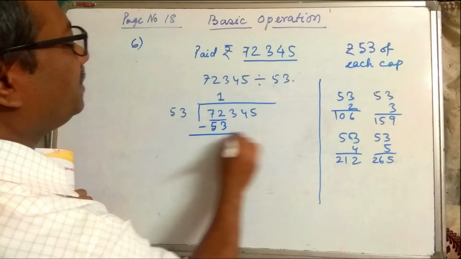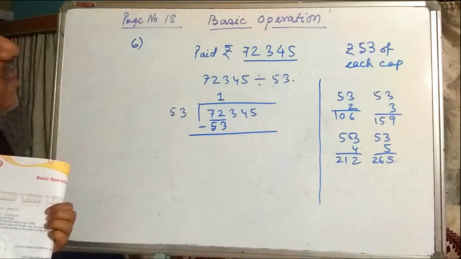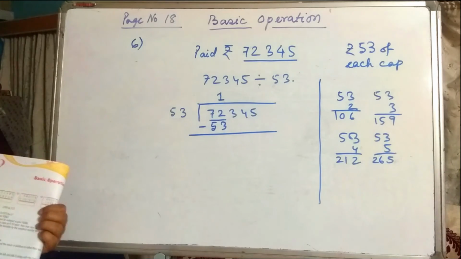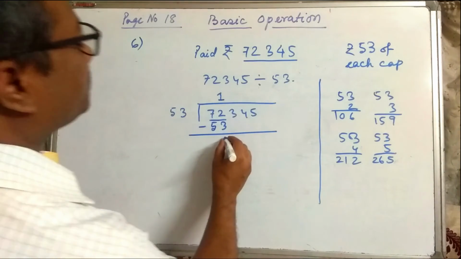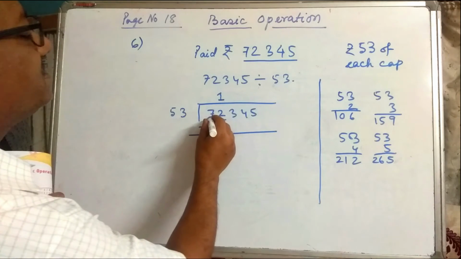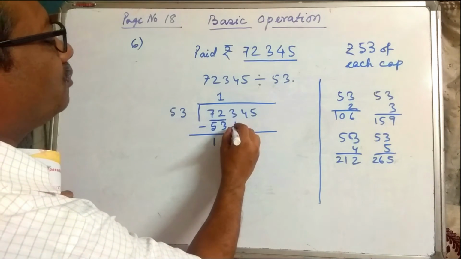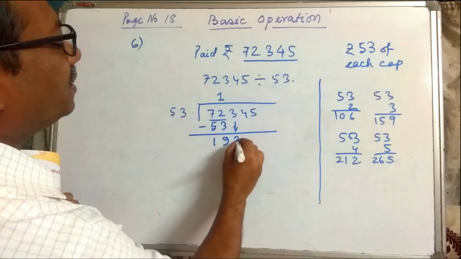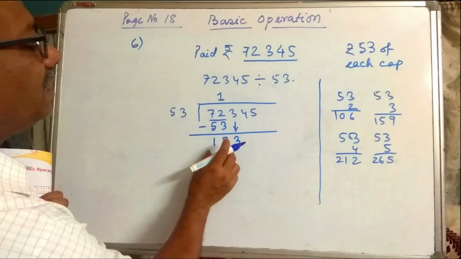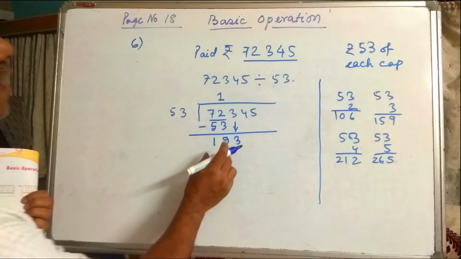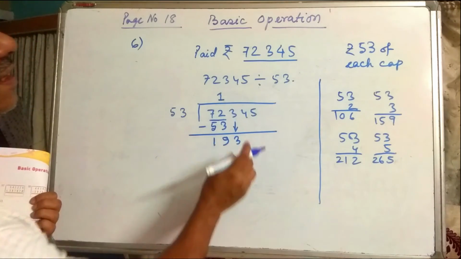Now you subtract it. 2 minus 3 is not possible. Take 10, it will become 12. 12 minus 3 is equal to 9. Here 6 remains. 6 minus 5 is equal to 1. Now you bring down 3 to the extreme right of 19. Now it becomes 193.